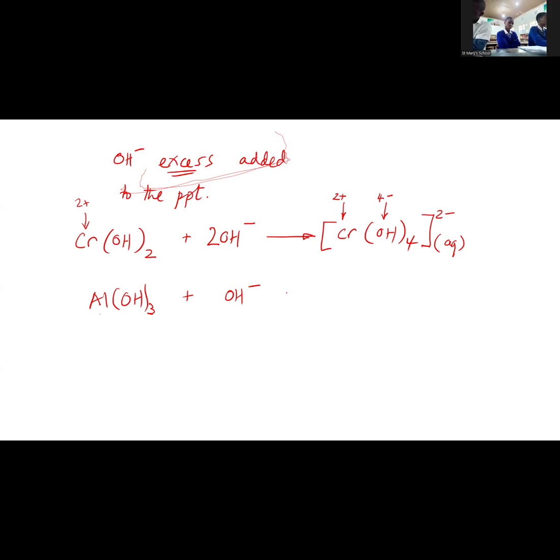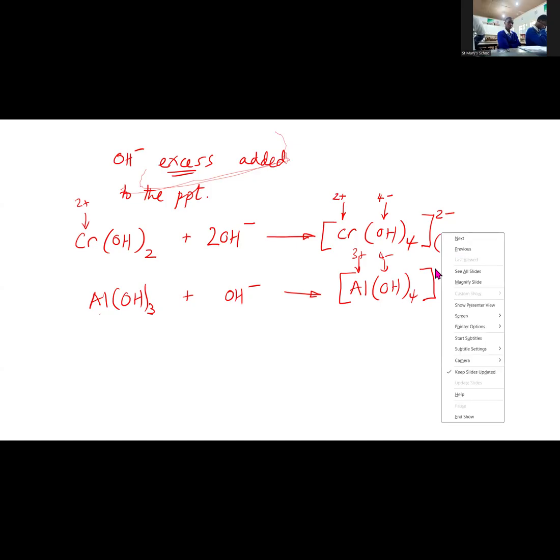So here I'm going to make the same basic chemical, Al with 4 OHs, square brackets. And now, because that is 3 plus, and this is 4 minus, this is just going to be 1 minus aq. And therefore, I only need one of those.